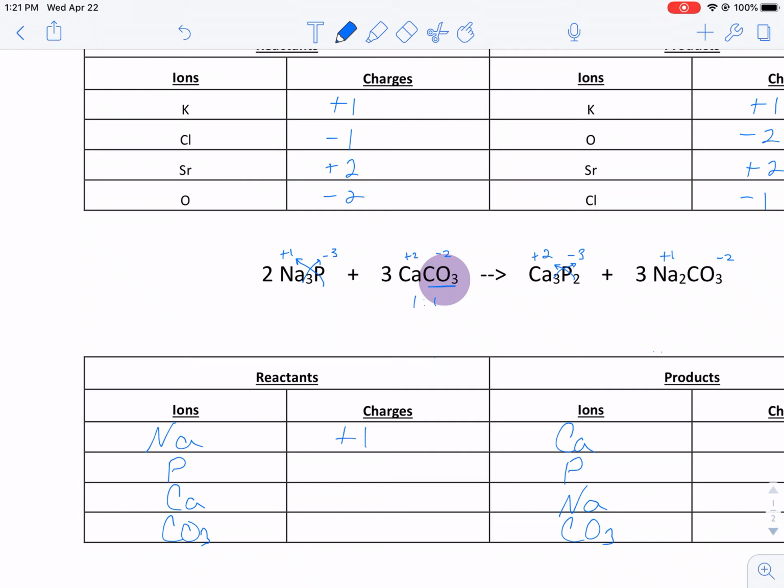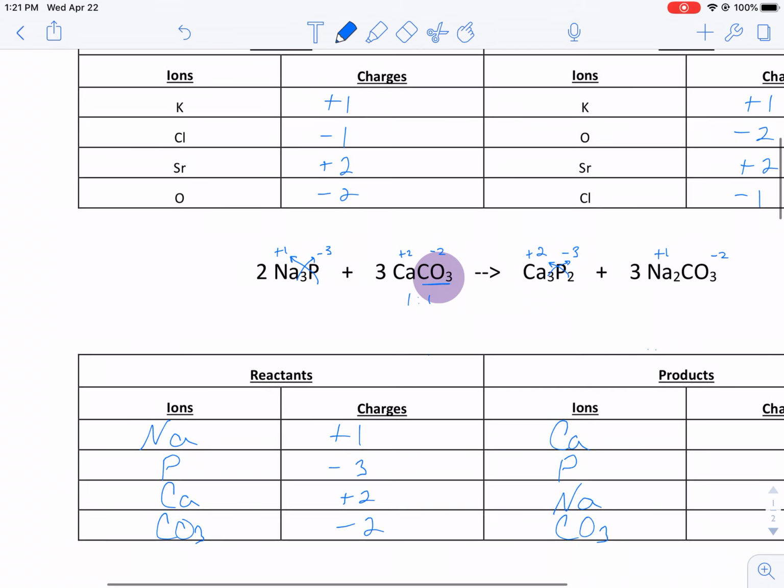Na we said is a +1, phosphorus is a -3, calcium is a +2, and carbonate is a -2. They don't change from products to reactants. Calcium is a +2, phosphorus is a -3, sodium is a +1, and carbonate is a -2.